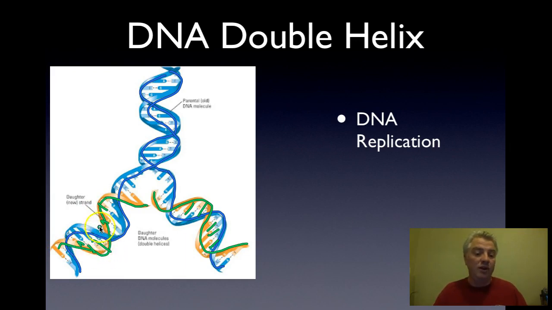And what you end up with is two new strands that are exactly identical to each other, and they're exactly identical to that original strand of DNA. And so now we have two copies of all that DNA, so that they can both go into the two new cells that are going to be made through mitosis. We will talk more about that later as well.